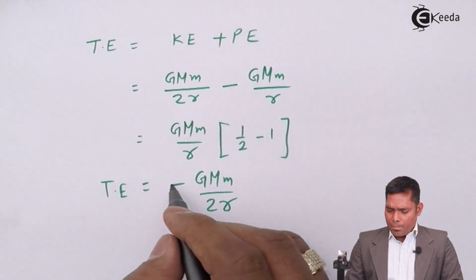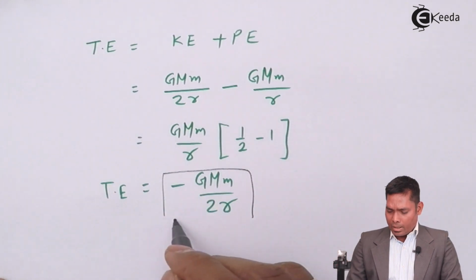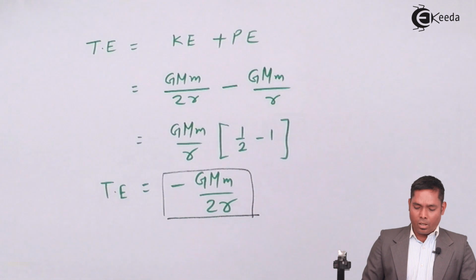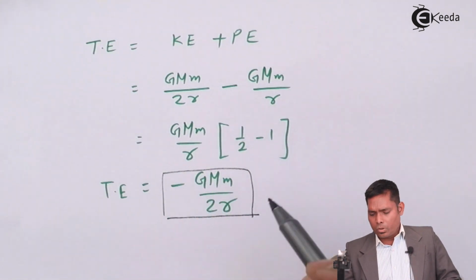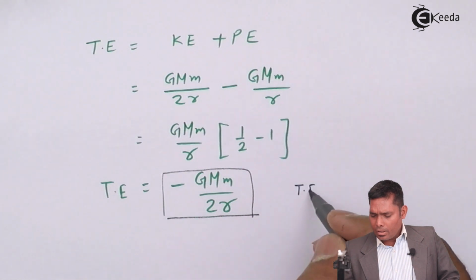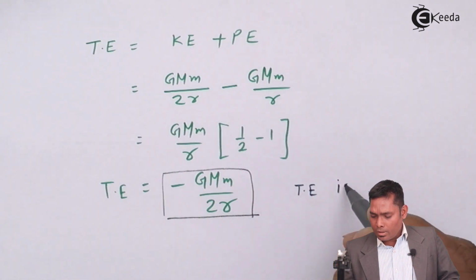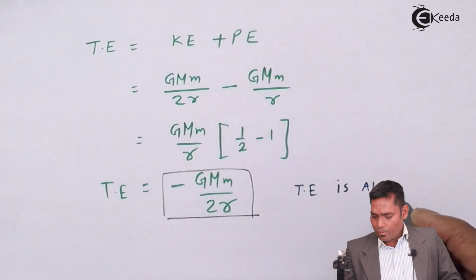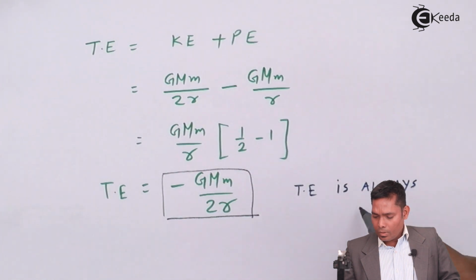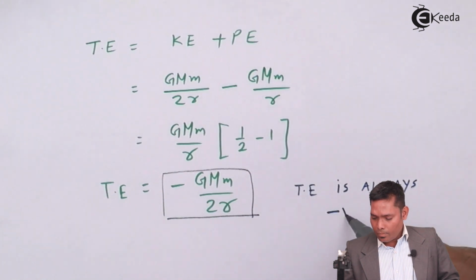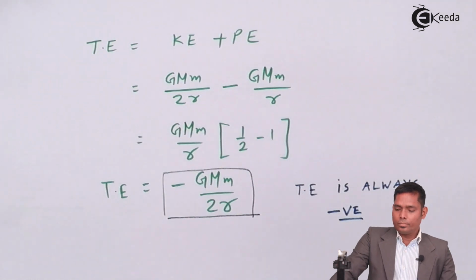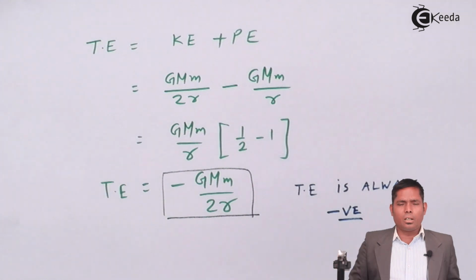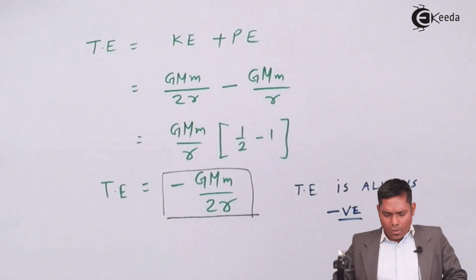It is very clear that the total energy is negative, because none of these quantities is ever negative. So total energy is always negative, as long as the object is within the influence of that planet.